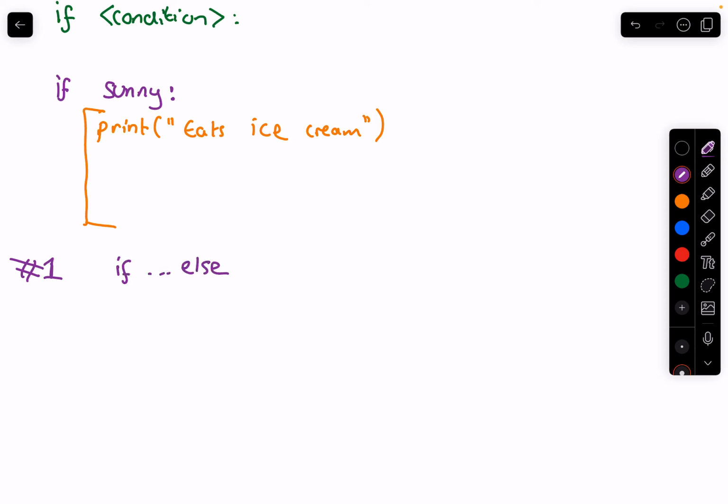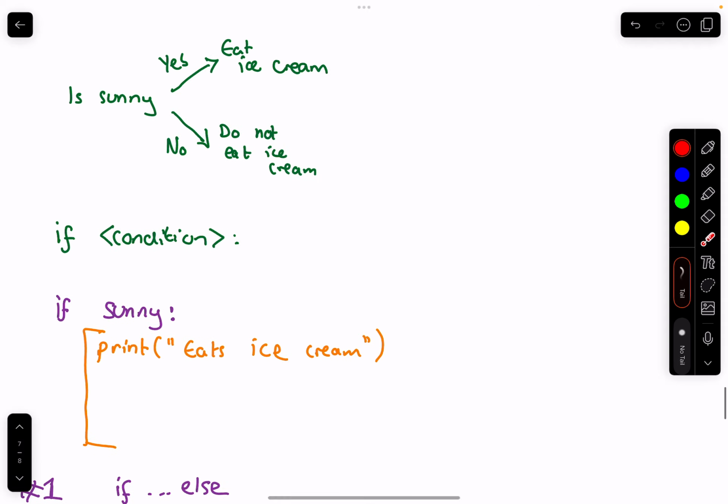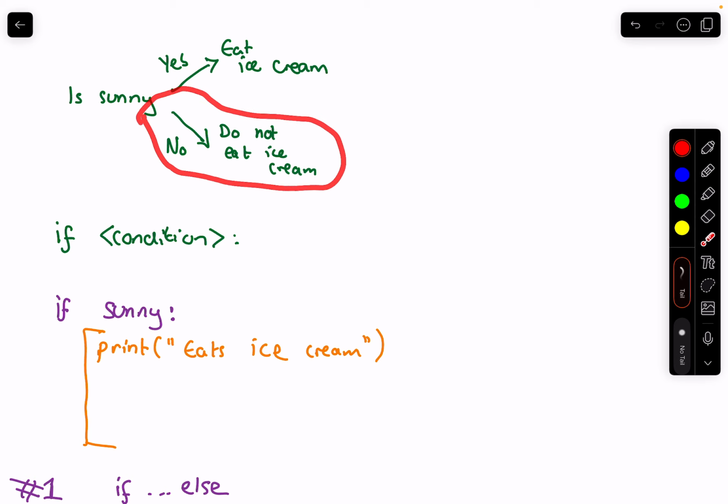So else will cover all other conditions. So when our if condition is not true, it will come in else. So if we come back to the example, if it's not sunny, then else is going to run this condition here.